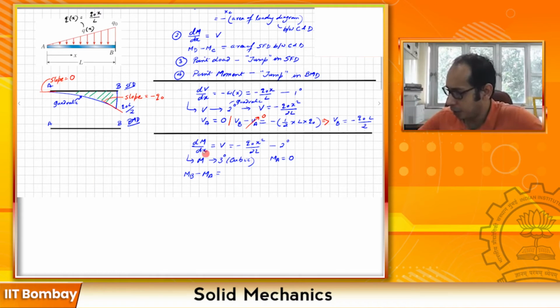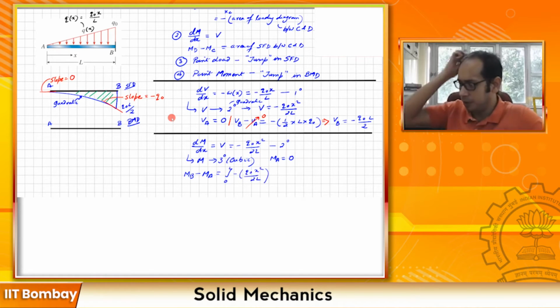So what is going to be MB minus MA? I have the expression for the V over here. So it is going to be the integral from 0 to L of negative q naught x square by 2L. So that will be L cube by 6.